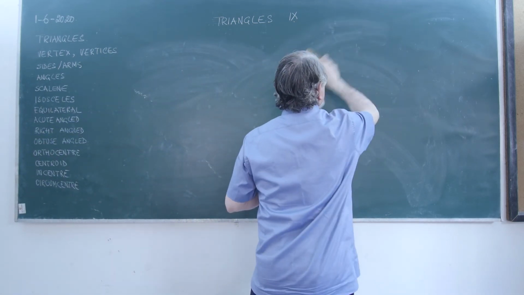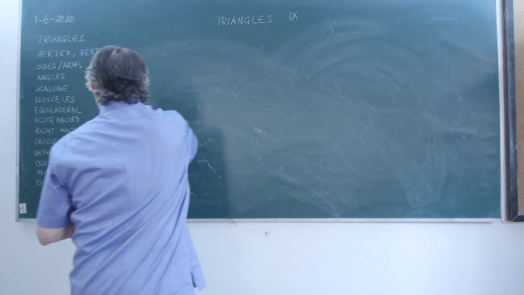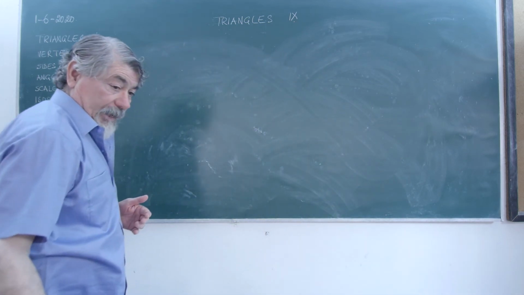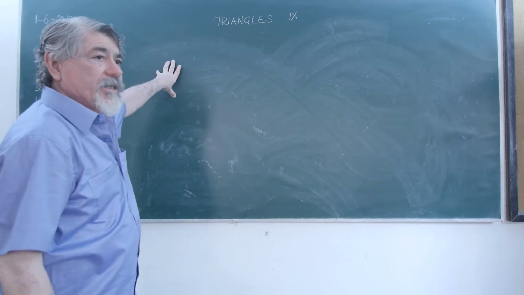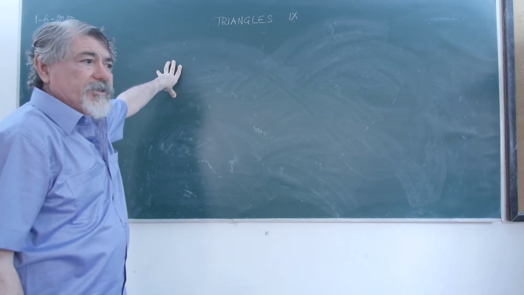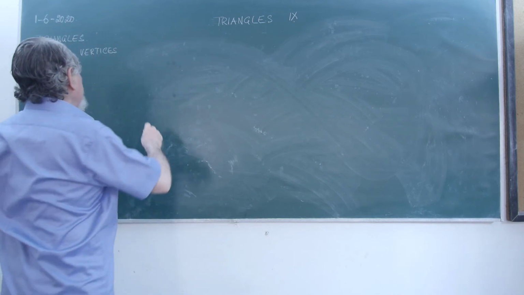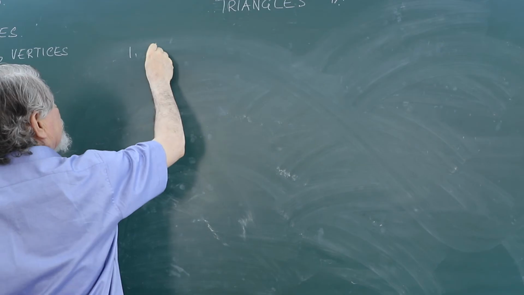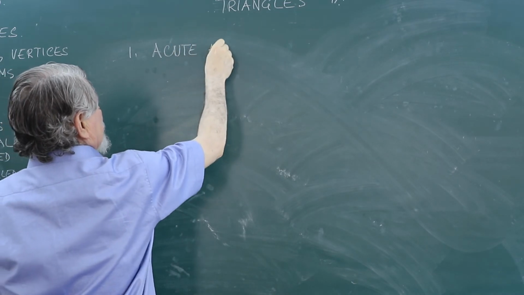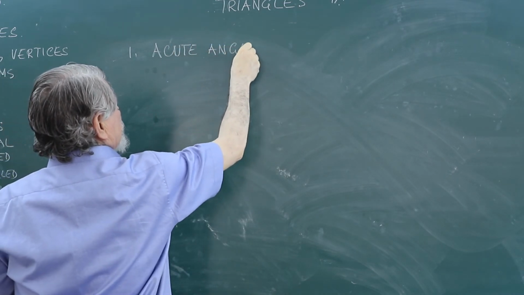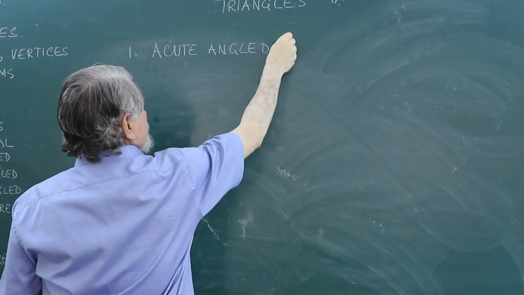Now let us do it on the basis of angles. We did it on the basis of sides, now let's talk on the basis of angles. First one is the acute angle triangle.